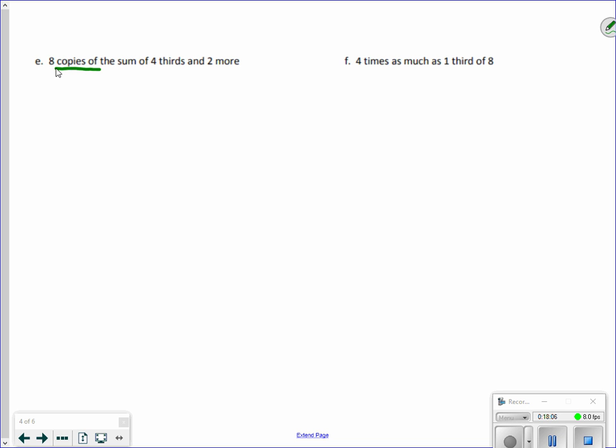So 8 copies of the sum of 4/3. You need to pay attention to the fact that it says 4/3 and not 4. 4/3 and 2 more. The sum of 4/3 and 2 more.